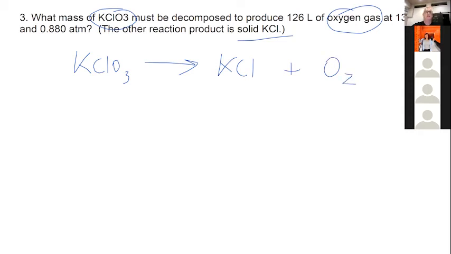Now, is this balanced? Nope. So let's balance it. So someone's balanced it already. How do we balance it? So potassium and chlorine are both balanced. The only thing that isn't is oxygen. So how do we balance that?